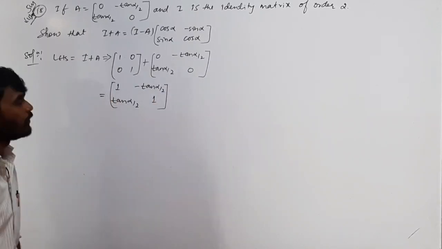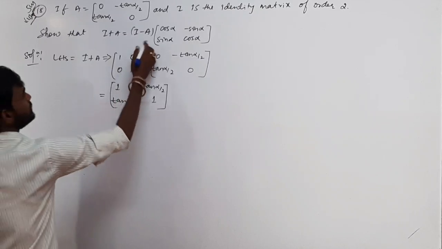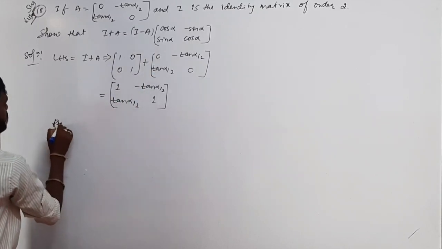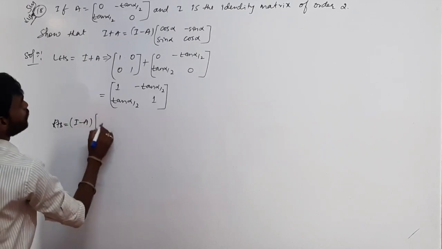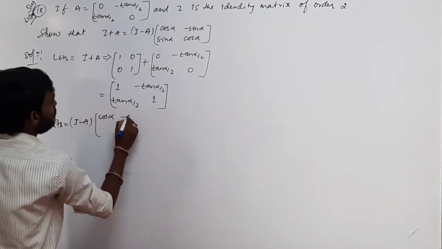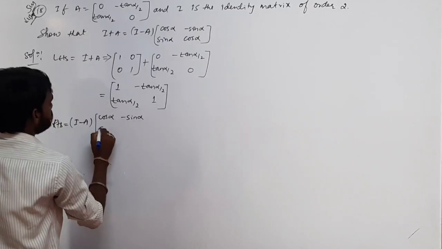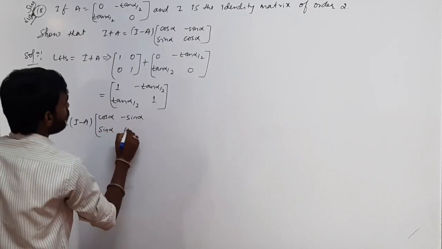Okay, so now we have to take RHS. RHS is equal to (I minus A) into [cos alpha, minus sin alpha; sin alpha, cos alpha].